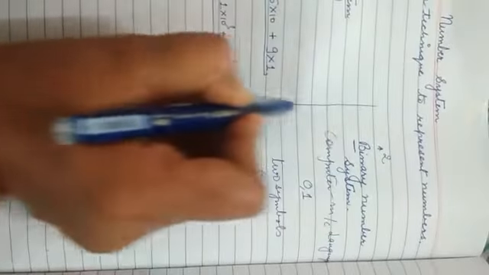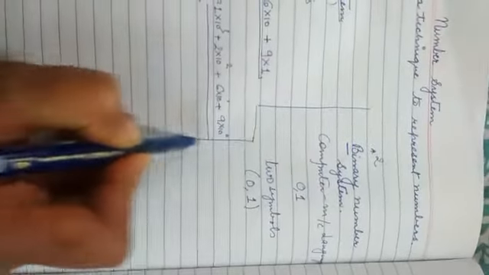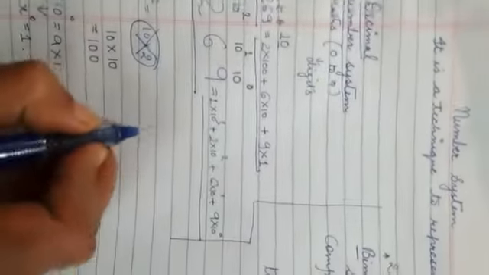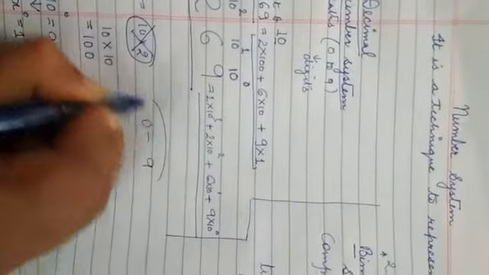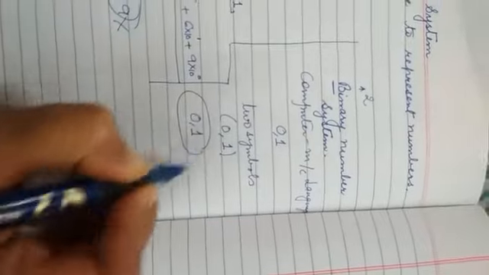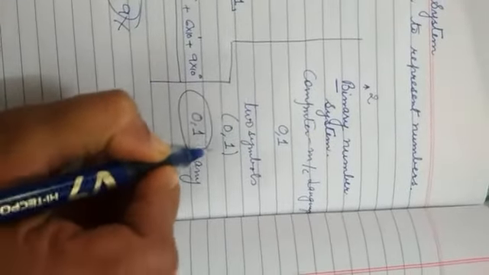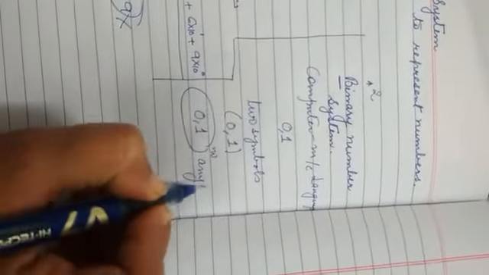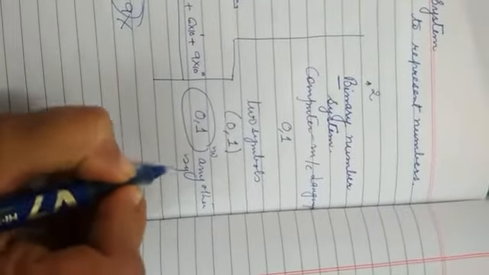Only zeros and ones, means in a binary number system, like in decimal number system, except 0 to 9 you don't use any other symbol, same way, in binary number system, except 0 and 1, we don't use any other symbol. No other symbol is being used.